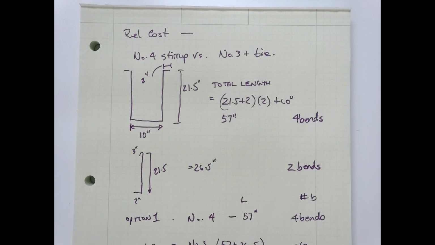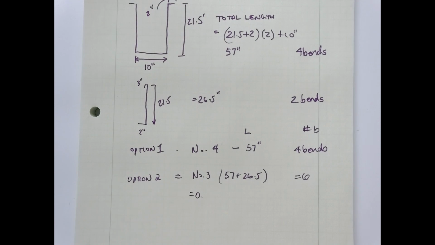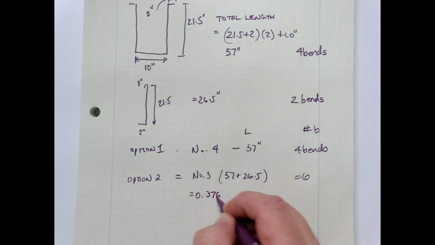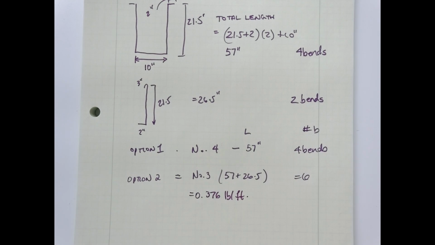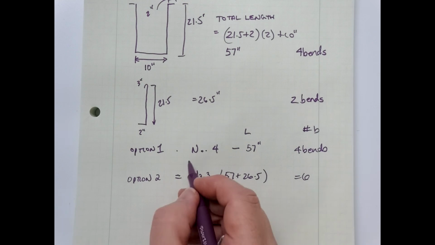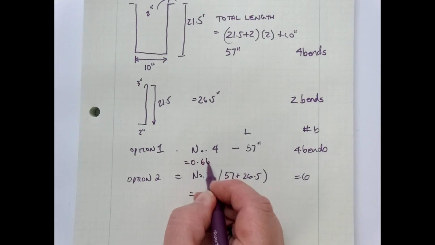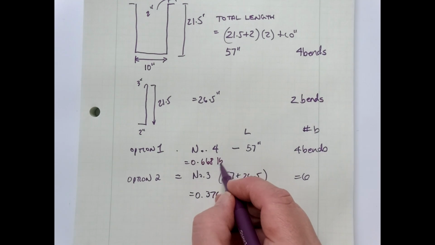The number 3 bar weighs 0.376 pounds per foot. And the number 4 bar is 0.668 pounds per foot.